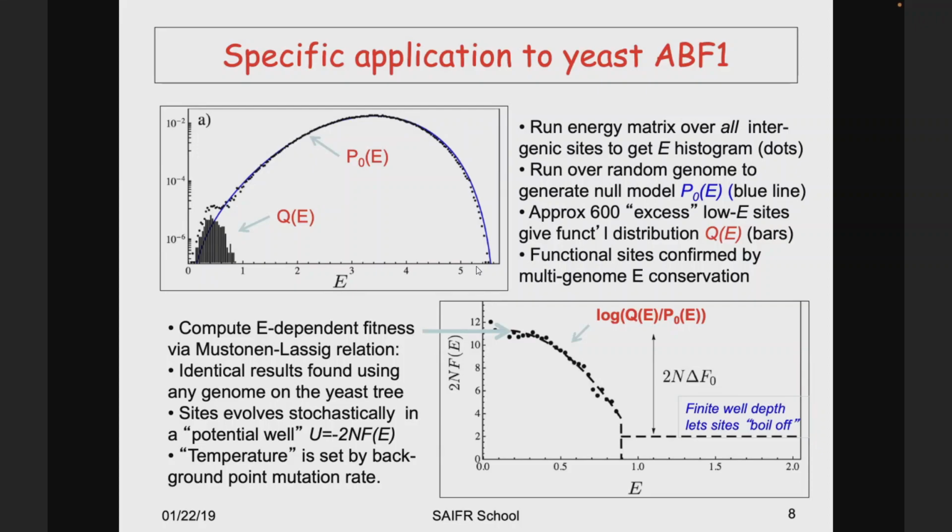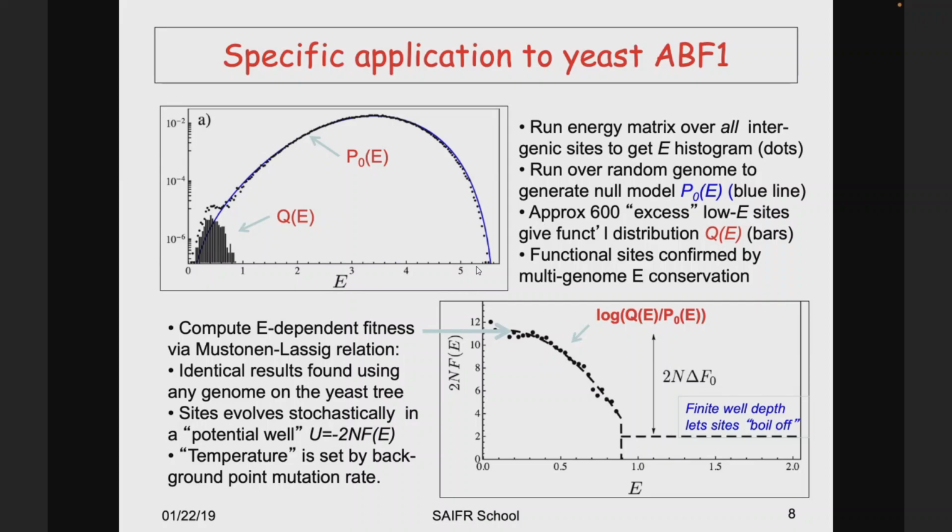And let's look at what actually happens. Let's run the energy matrix of this special transcription factor that we like over all the intergenic sites in yeast to get the overall histogram of energies of potential binding sites in the ABF1 genome. And you see this curve.